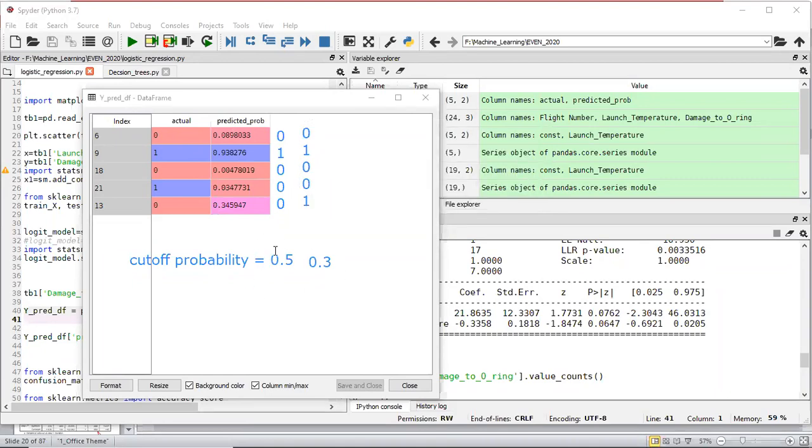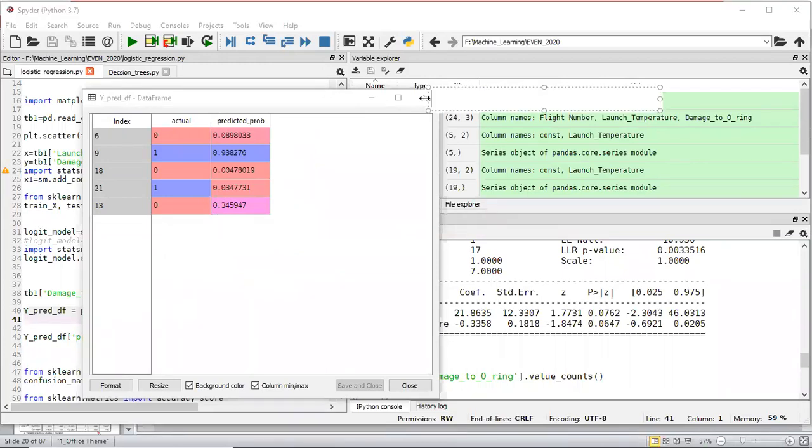After defining it, we convert the continuous value to either 0 or 1. If my predicted probability is less than the cutoff probability, I'll make the output 0. If it is greater, I'll make it 1.